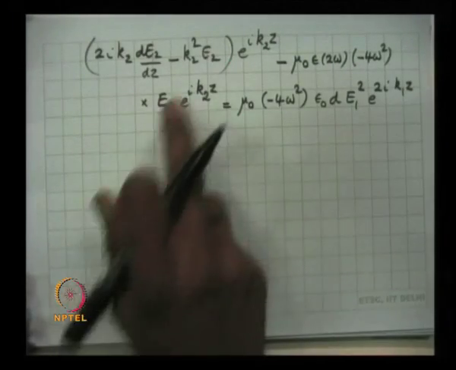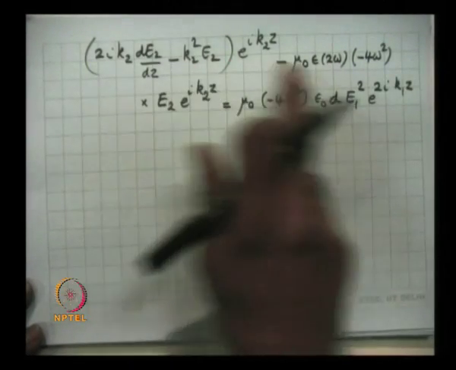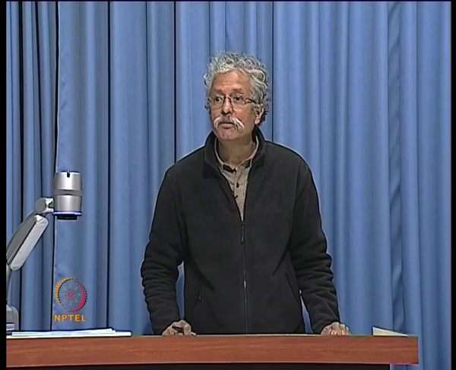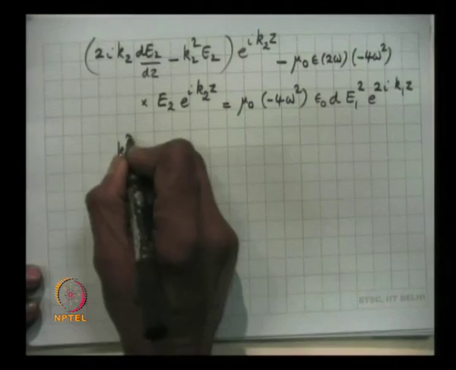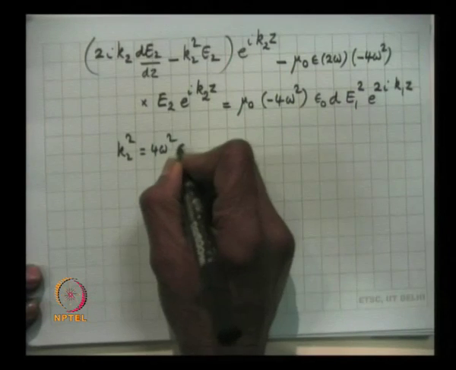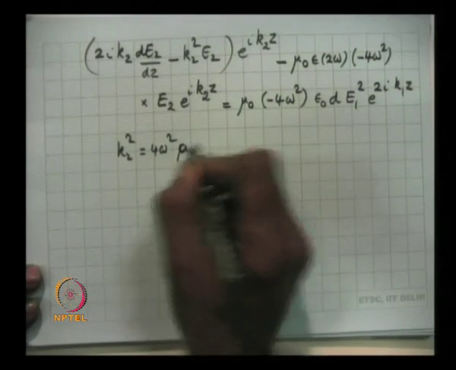Now, can you tell me what is the relationship between k 2 and epsilon of 2 omega? k 2 is the propagation constant at frequency 2 omega. So, k 2 square is equal to 4 omega square mu 0 into epsilon at 2 omega.